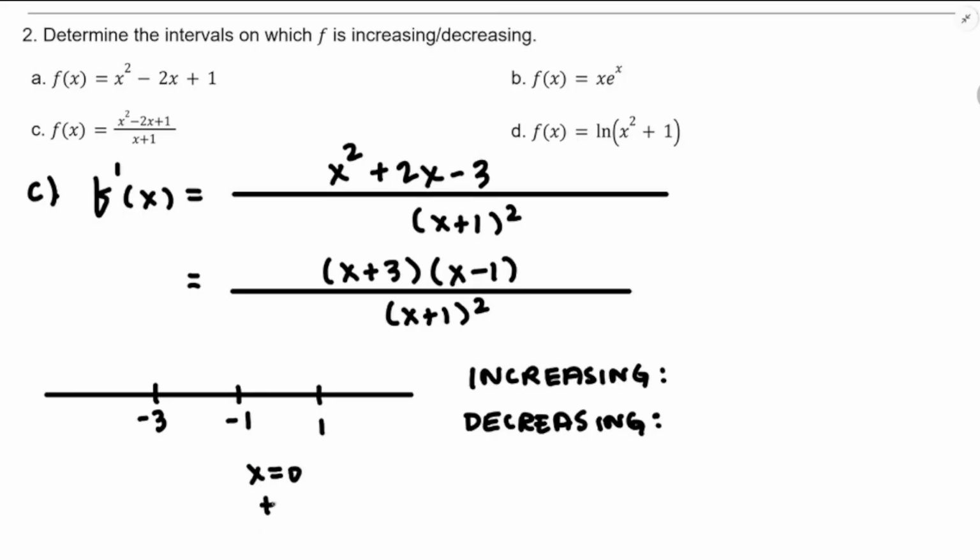I'm going to have positive, negative, divided by positive. Because anything squared is going to be positive, so that would be negative. x equals 2, positive, positive, positive. Right, x equals negative 2.